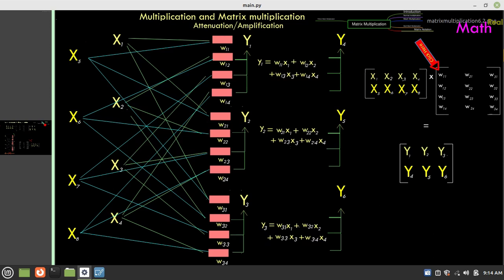So this is the weight for y1 and y4. This is for y2 and y5, and this is for y3 and y6. The output generated is in a row y1, y2, y3. So this is far simpler than writing this much mesh. I can just go like this.